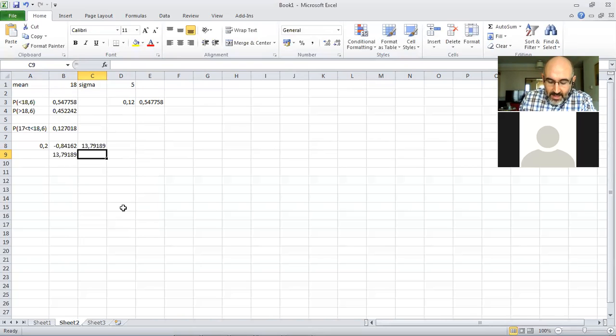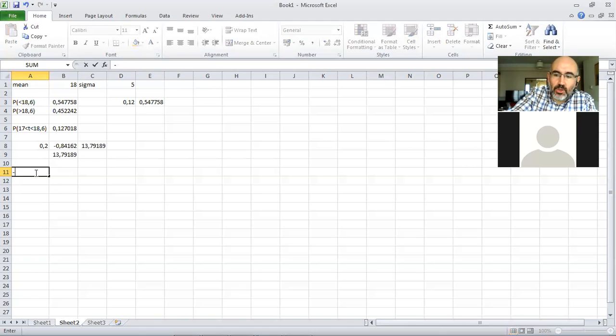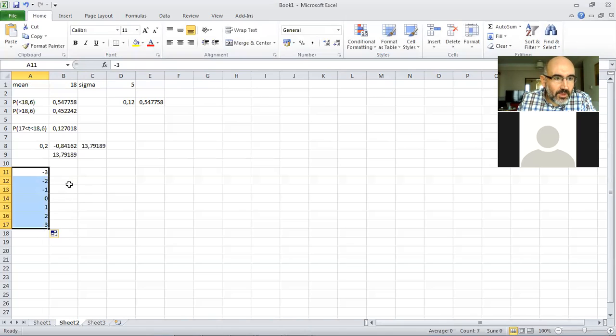It might also be nice to take a look at the empirical rules, the sigma rules.